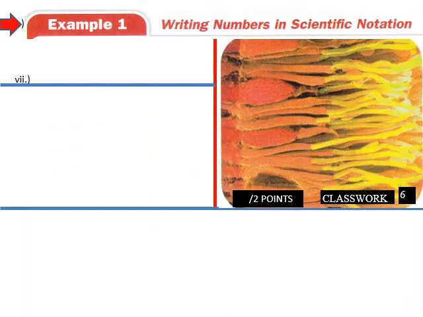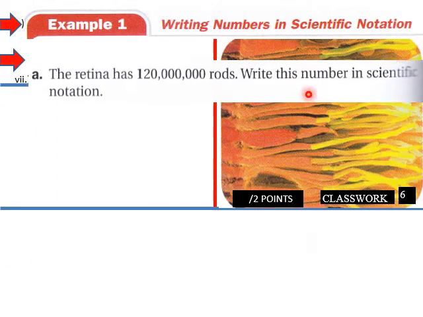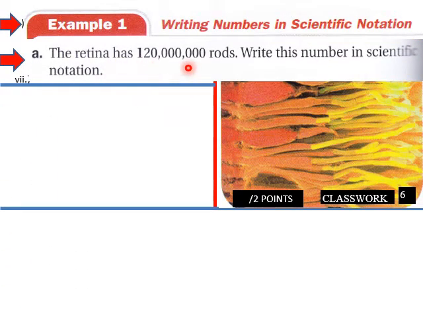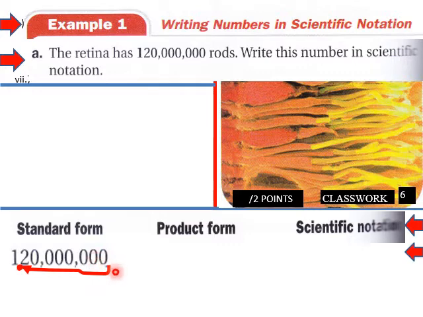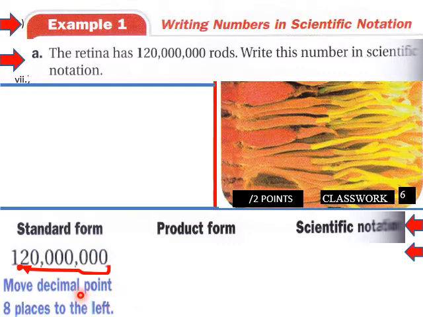Onto our example here. Back to our retina problem. The retina has 120 million rods. Write this number in scientific notation. So standard form here would be 120 million. Product form would be move the decimal point 8 places to the left.